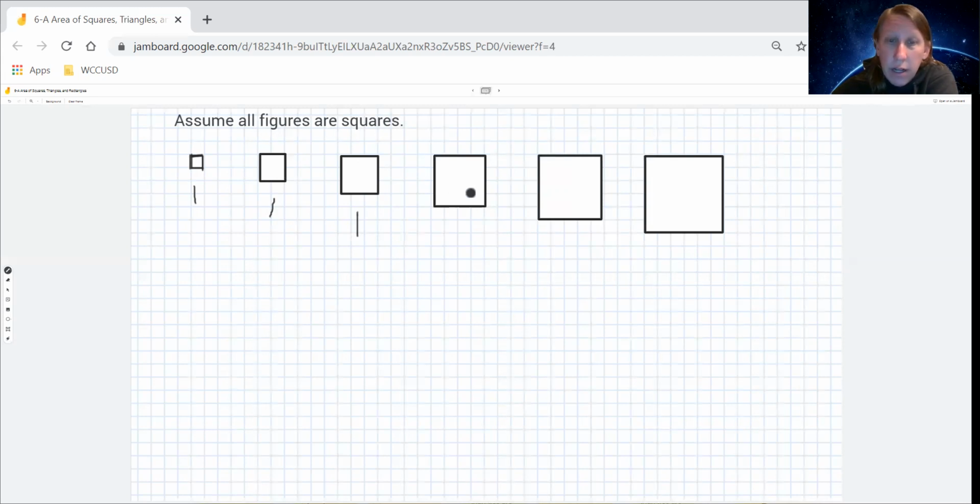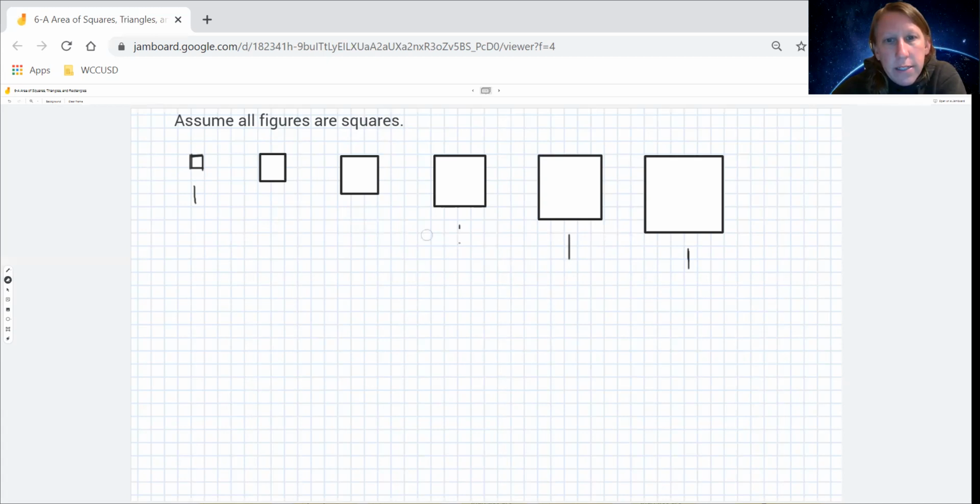Area is the number of squares that cover a shape. So how many squares cover this square? 1. What's the area of this? 1. Okay, so it's kind of an interesting thought experiment. Every square that I give you has an area of 1 square. It just depends on what size square it is. Now this would probably not get you very far.